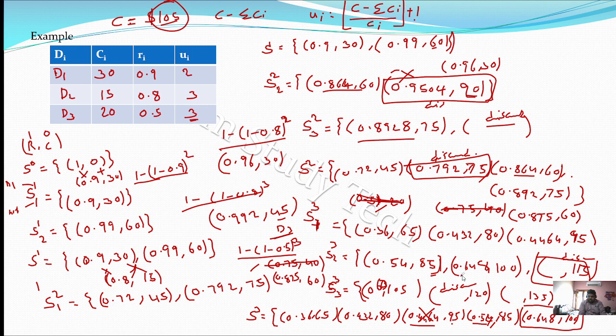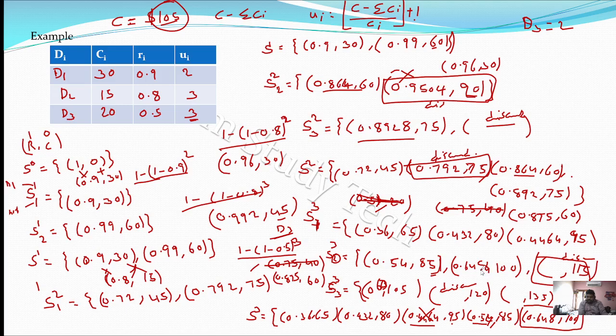Okay, so this 0.648, 100, it is because S3 is 2 devices, so you can purchase D3 2 devices. So why do you get this? Here it is 0.648, 100.